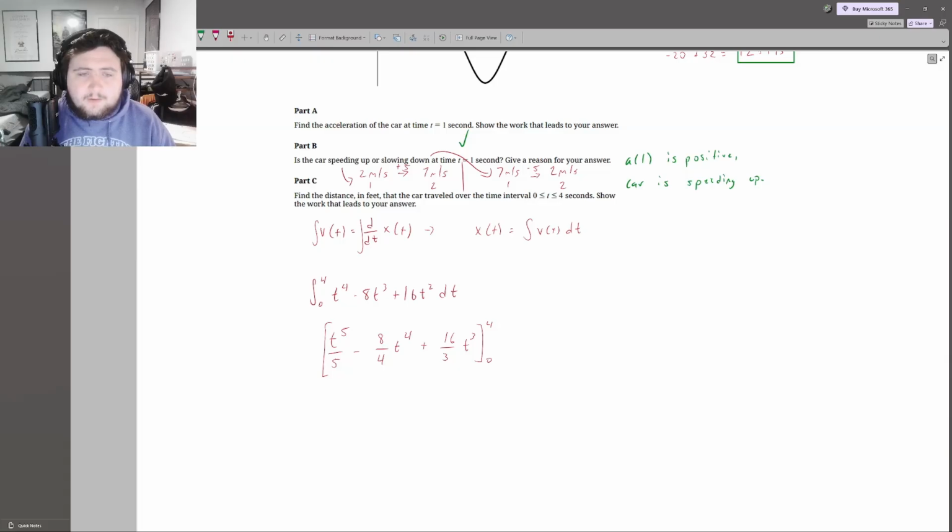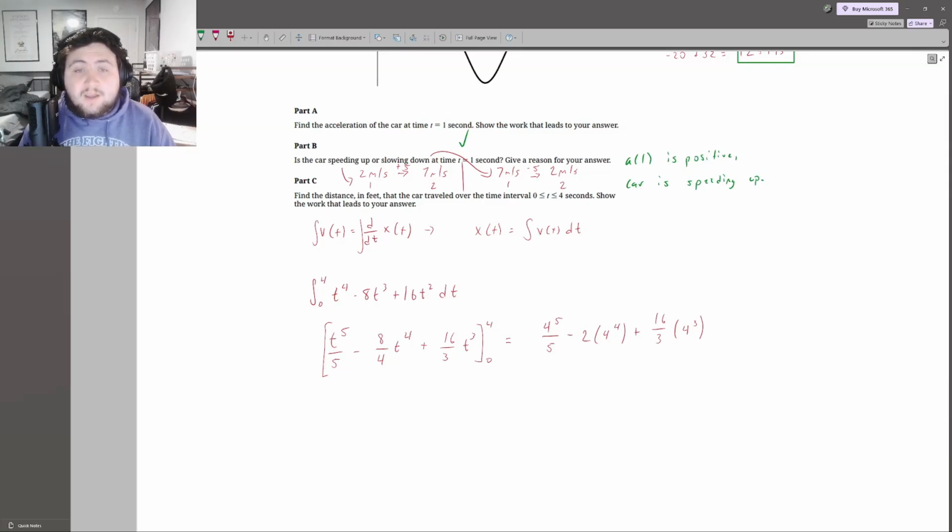Now, we can plug in our numbers. We can see where we end up. So what it will be is 4 to the 5th over 5 minus 8 over 4, which is 2, times 4 to the 4th plus 16 over 3 times 4 to the 3rd.